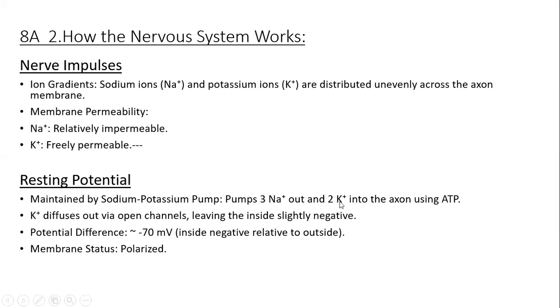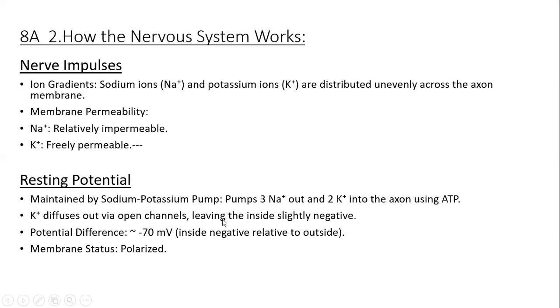Because there is a gradient of ions, the concentration of the ions is different. So they transport these ions against the gradient using energy. So it is an active transportation. Understood that much?